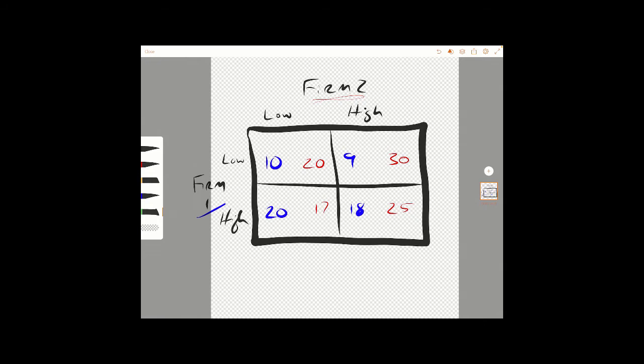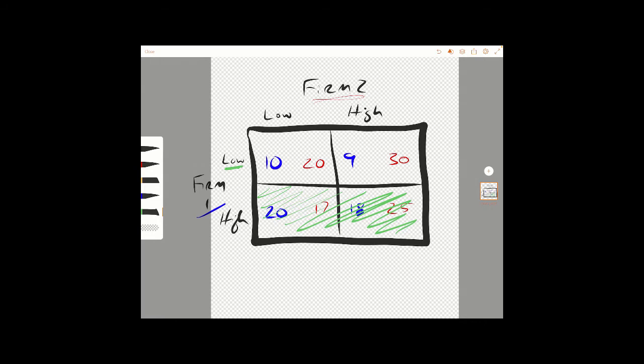To figure out the equilibrium, we need to figure out what the dominant strategy of the players is. So we try to figure out what a player would do no matter what their opponent does. To do that, let's ignore this part right here and say that firm 1 is going to produce a low output no matter what.